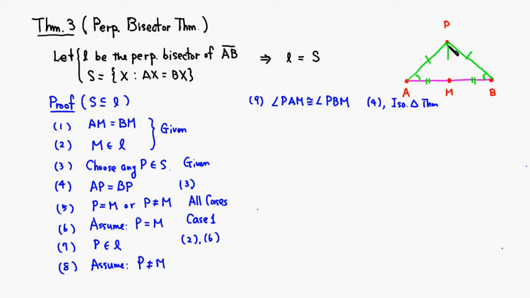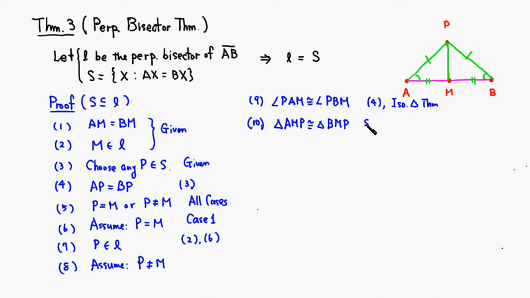Then we look at the triangle here. Then we can say in line number 10, triangle AMP is congruent to triangle BMP by side angle side.